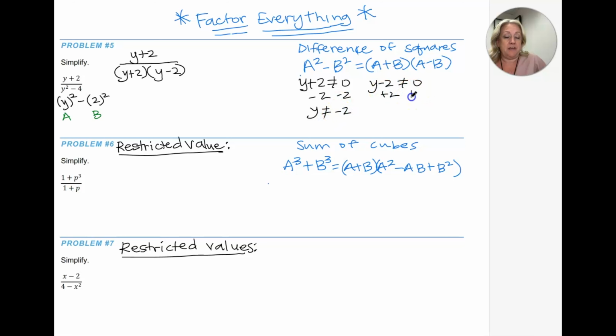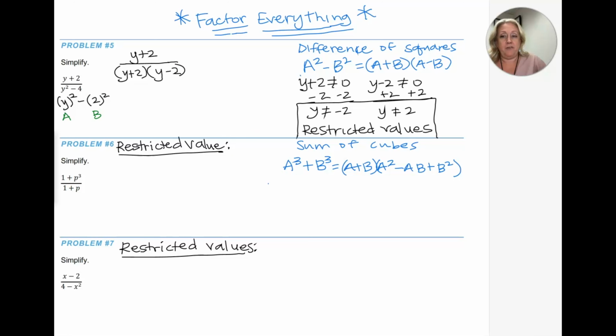On this one, if I add the 2 over, y cannot be positive 2. So these are our restricted values. And why are they restricted? Well, because they are the values that would make the denominator go to 0, and we cannot divide by 0.